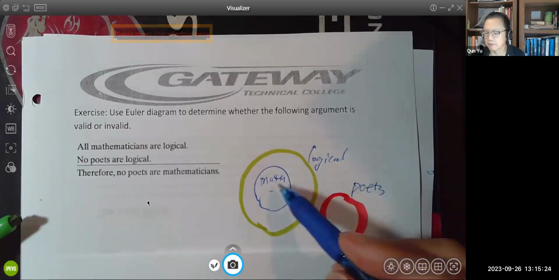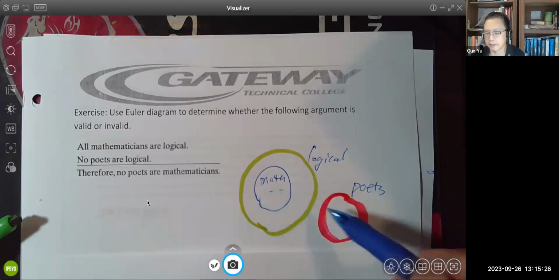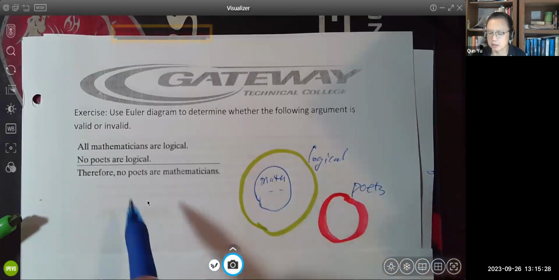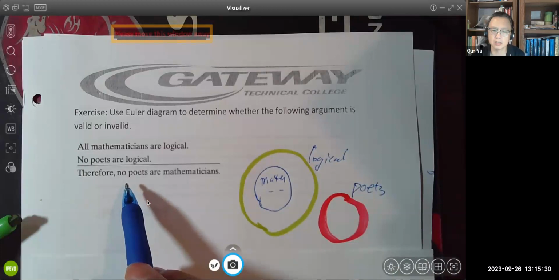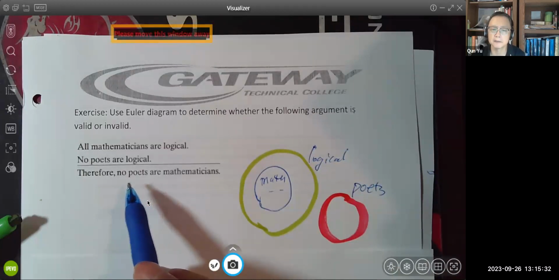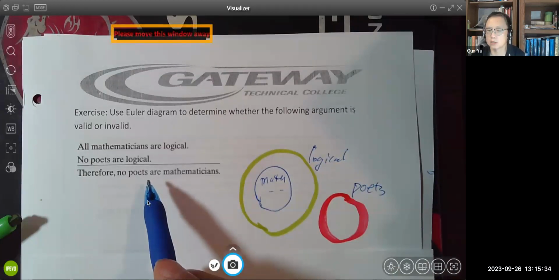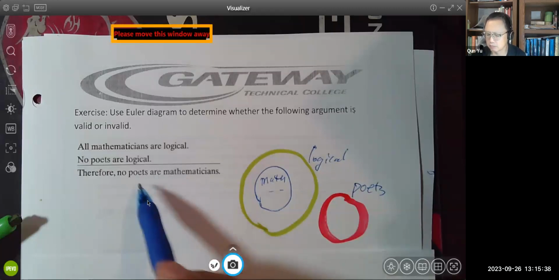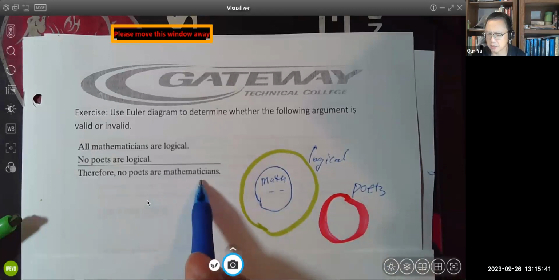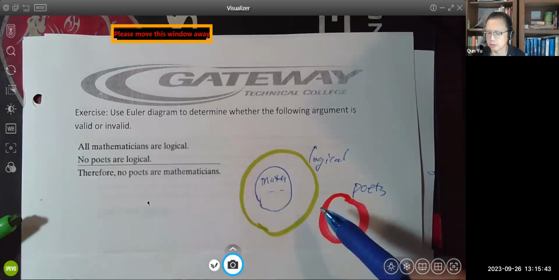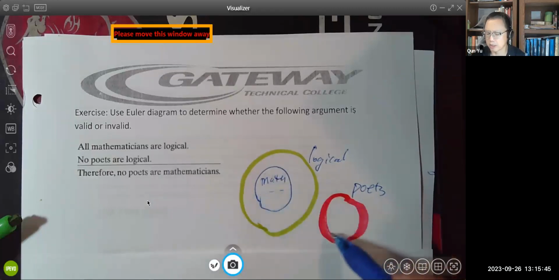Now, since we have our Euler diagram completed, let's look at which two circles are involved in the conclusion, because I want to go against it. They say no poets are mathematicians. So they are talking about the relation between the blue one and the red one.